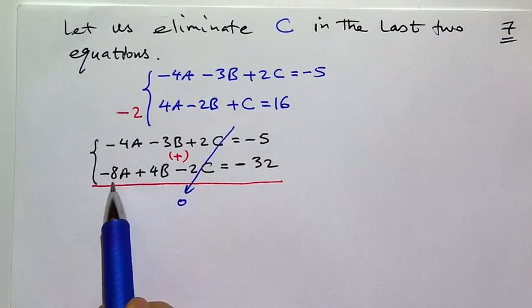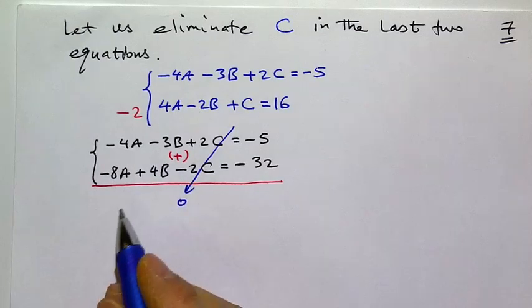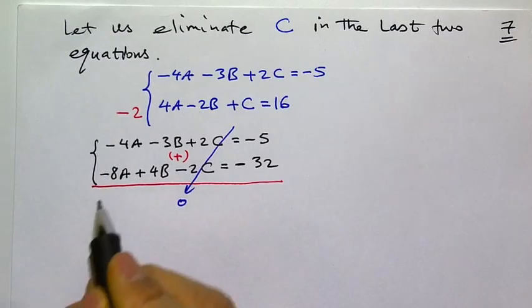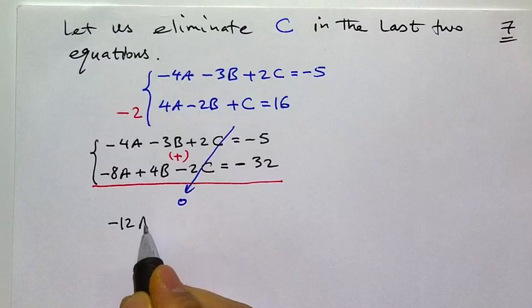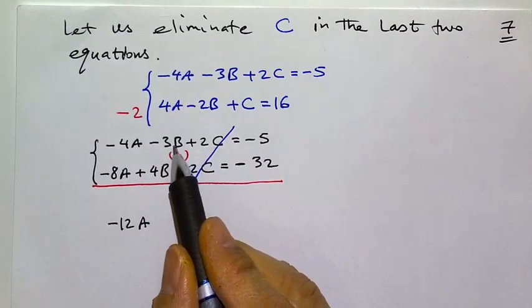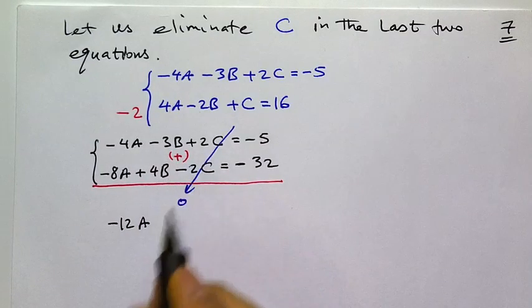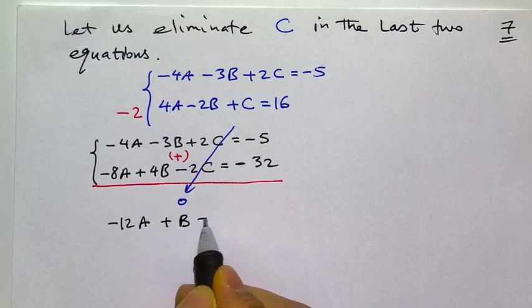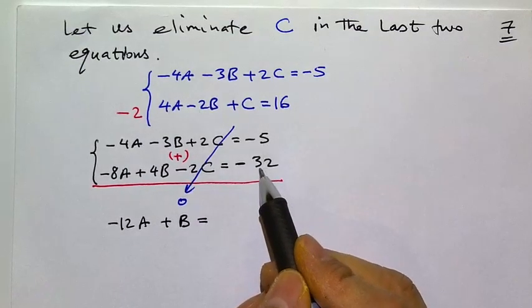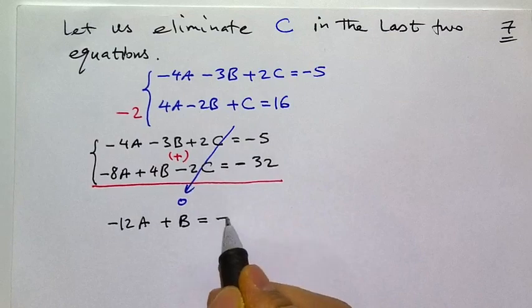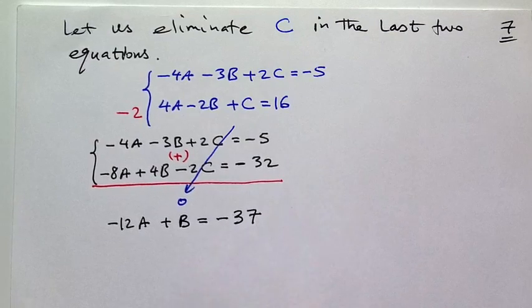Minus 4a plus minus 8a gives us minus 12a, right? Then minus 3b plus 4b gives us positive b equals minus 5 plus minus 32 gives us minus 37.